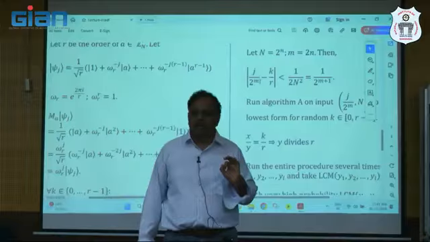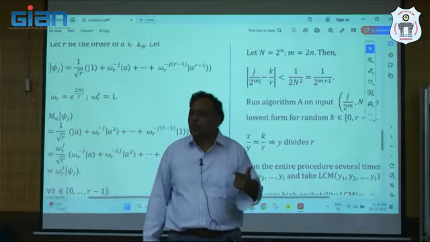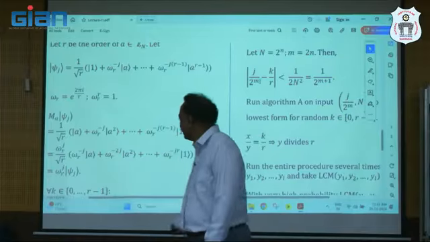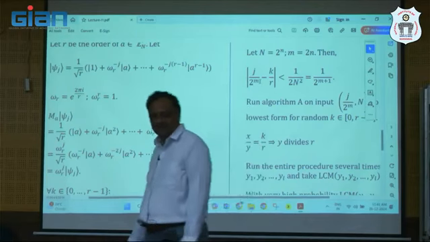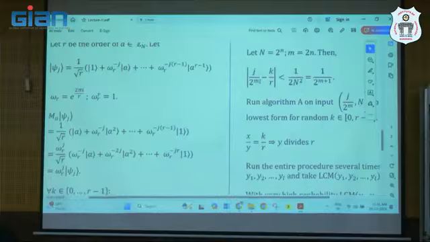So basically what has happened, we have identified that ket psi j is an eigenvector of MA with eigenvalue omega to the j. Correct? So we have successfully identified the eigenvectors of MA with corresponding eigenvalues. For each j, different j's will give us different eigenvectors.